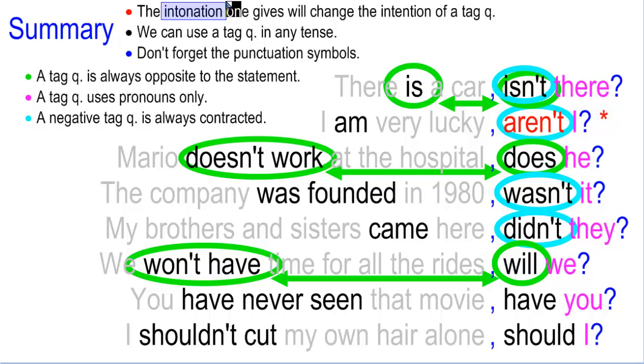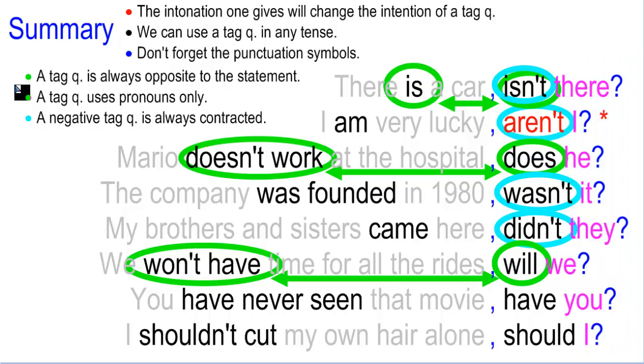Second, we can use tag questions in any tense. It can be present, past, present perfect, past perfect, active voice, passive voice, every tense. Don't forget to use punctuation symbols. Don't forget the comma, and don't forget the question mark at the end.